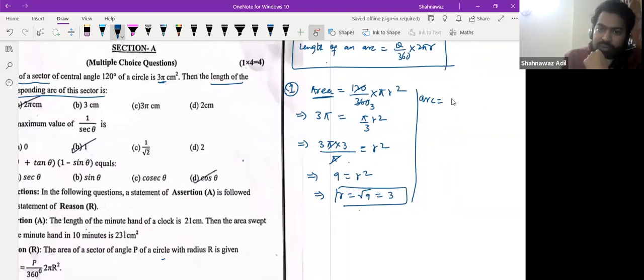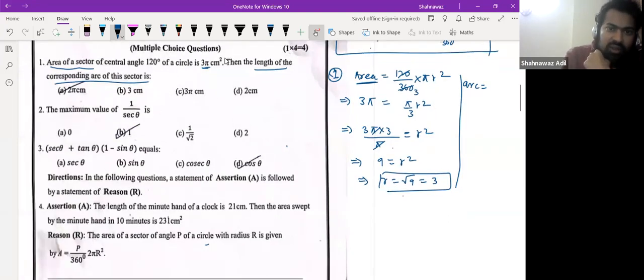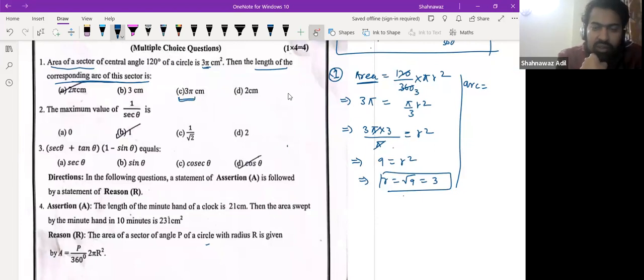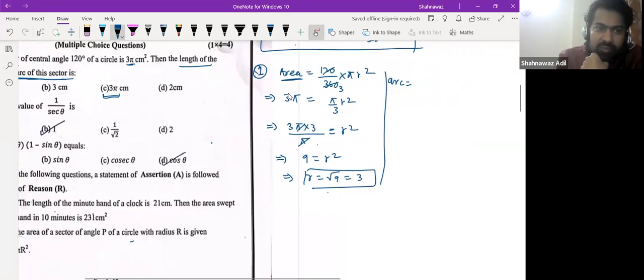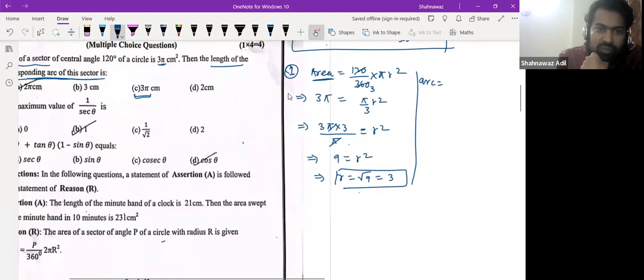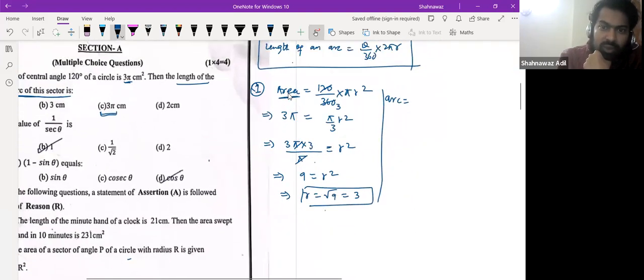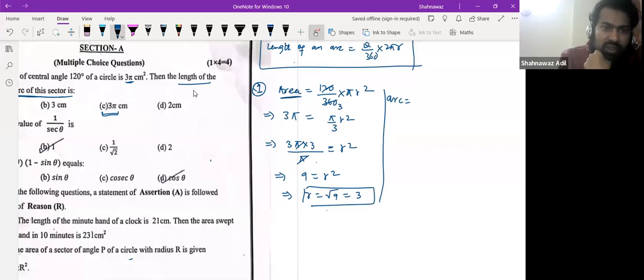So this is the thing we have to calculate, right? The length of the arc. You can write the arc is 120 by 360 into 2 pi r. Arc we have to find out, right?